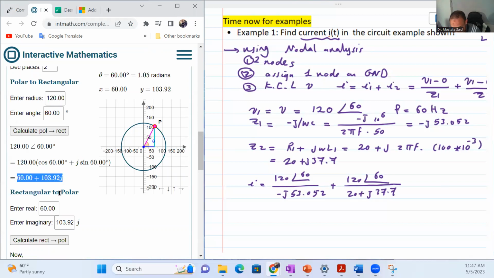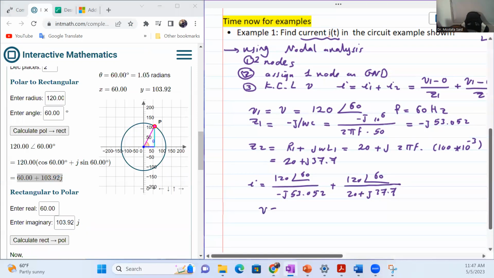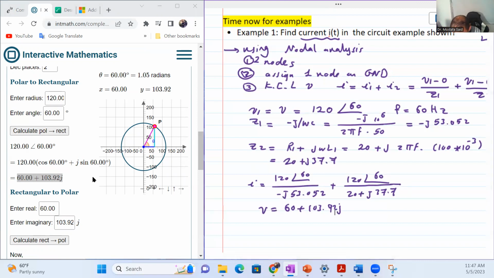It is 60 plus 103.92 J, or I, whatever. So I'm going to just write it. So V here is equal to 60 plus 103.92 J. Okay.